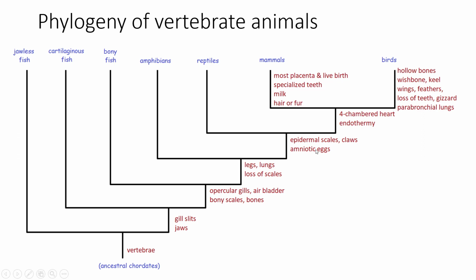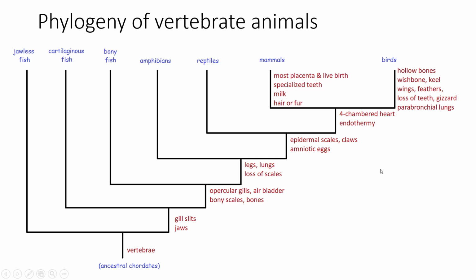Then we have reptiles, and they're the first group that evolved amniotic eggs. An amniotic egg is an egg that has the embryo surrounded by a sac of water and a yolk to provide nutrients and a hard shell to protect it. So it's really a great way to survive on land.